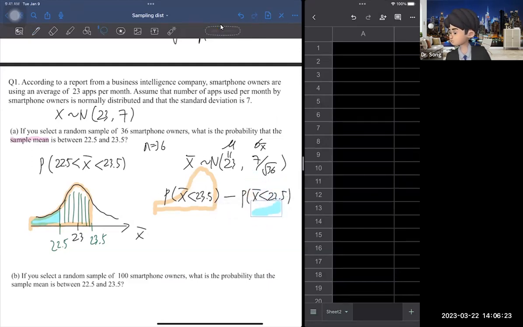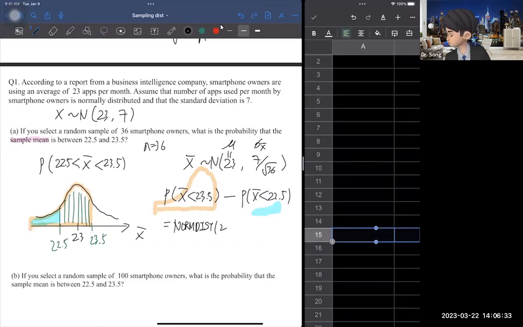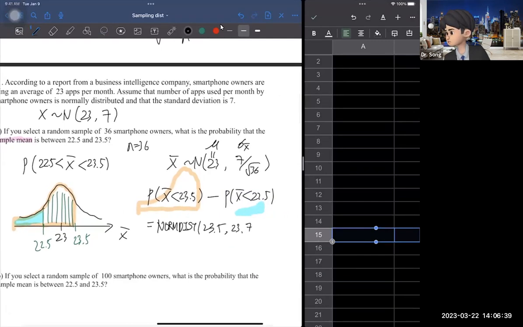Using Excel, the first one, NORM.DIST of 23.5, mean equals 23, and the standard deviation is 7 over square root 36, and 2.